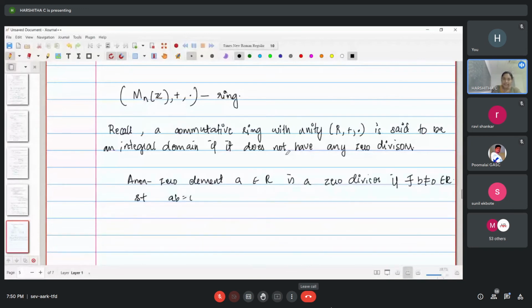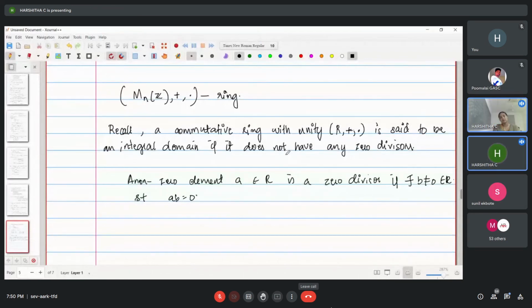So in other words, if you want to say that it doesn't have zero divisors, you take two elements whose product is zero and you say at least one of them has to be zero.